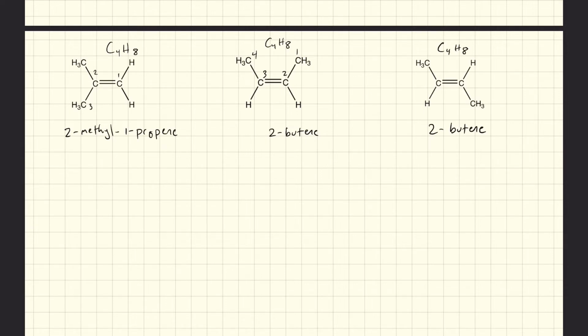So this first one has a different connection along the backbone, right? It's got a different backbone. It's very much a different molecule. And this one is called a structural isomer to the other two.